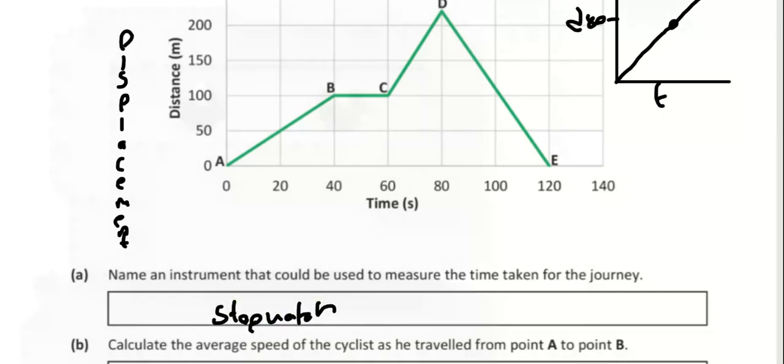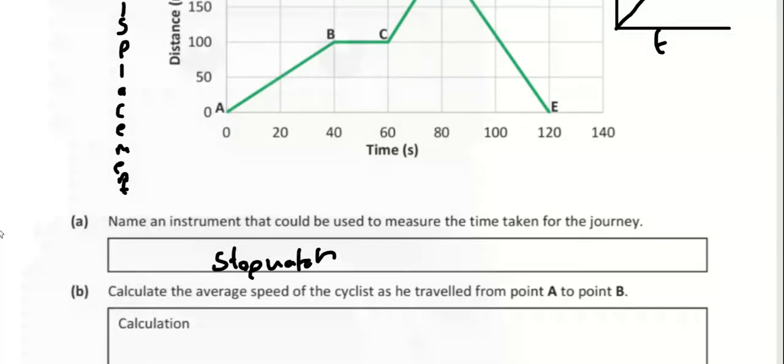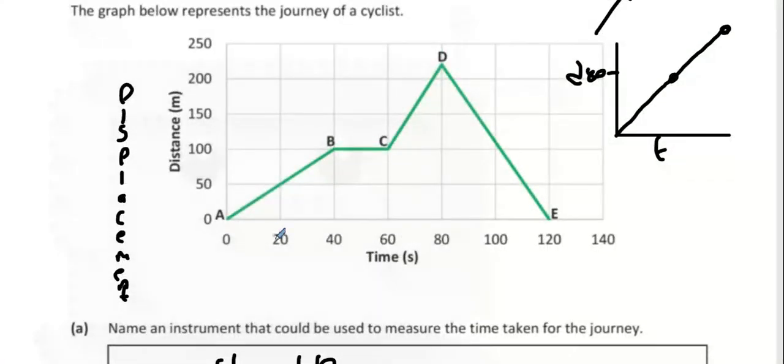Okay. Calculate the average speed from point A to point B. Well, here's point A and here's point B. Look across and we can see that he goes from 0 to 100. So he travels 100 meters. That's using the y-axis. And then use the x-axis. So directly underneath B is the 40.